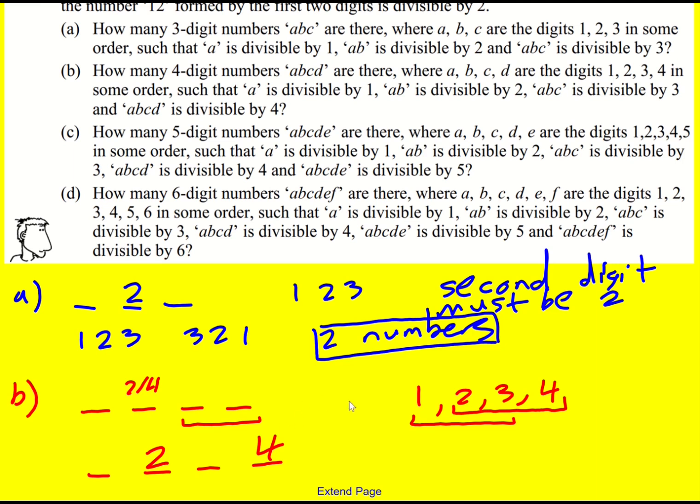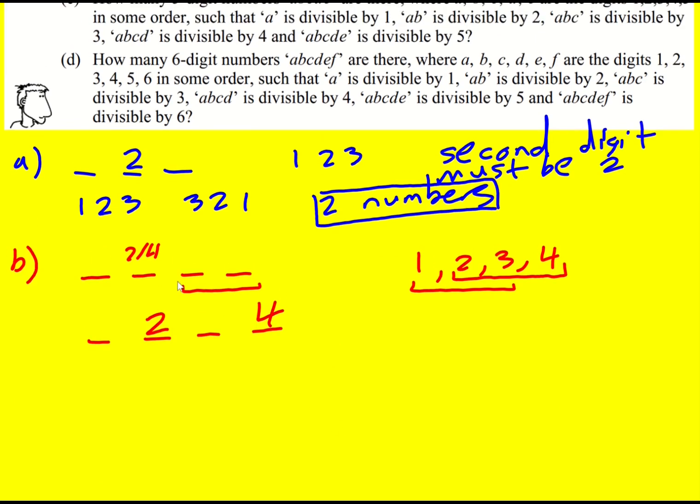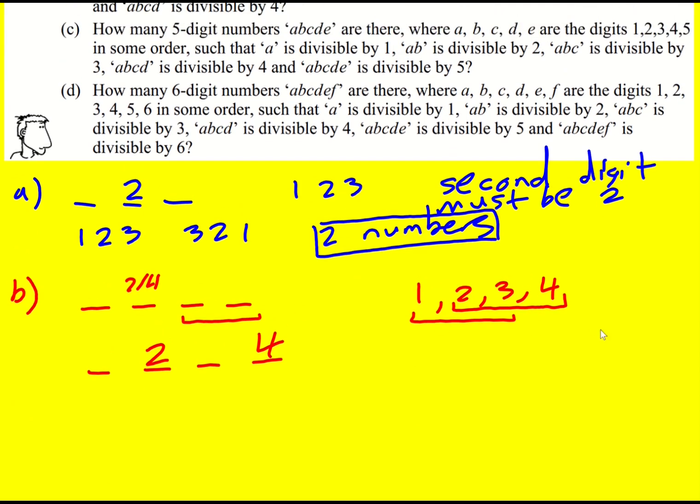I just want to say this again. So we need the sum of the first three digits to be divisible by 3 so that the number made from the first three digits is divisible by 3. The only way we can do that is by doing 2, 3, and 4, or 1, 2, and 3 to get to a sum of 9 or 6. Otherwise, it won't be divisible by 3. If we go with 2, 3, and 4, it's not going to work because the fourth digit will be 1, and hence the full number won't be divisible by 4. So it has to be 1, 2, and 3, in which case 2 has to be the second digit for the first two to be divisible by 2, and the last digit must be a 4 to make the whole number divisible by 4.